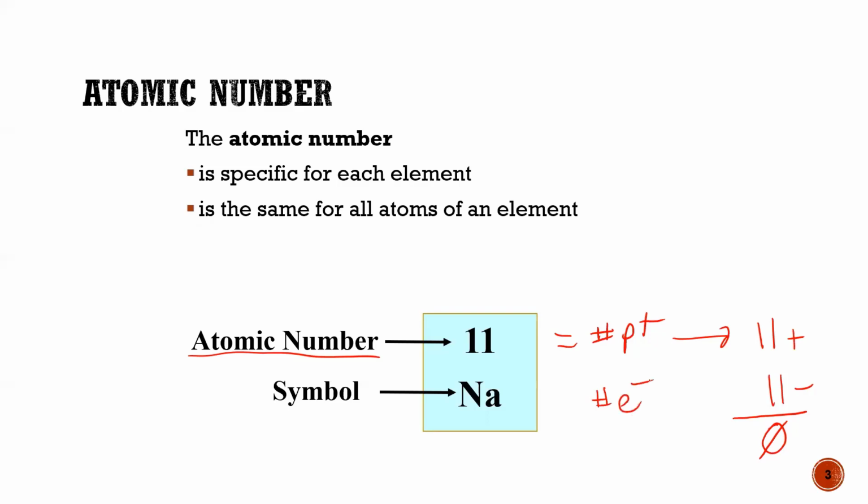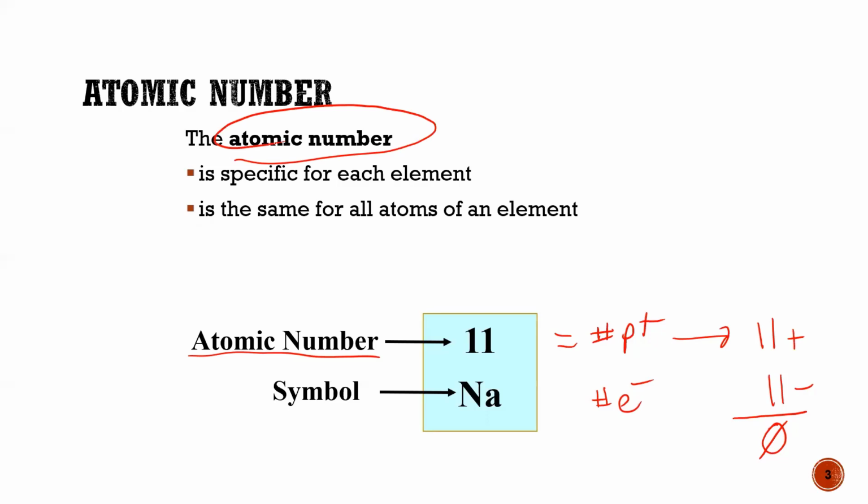Those opposite charges cancel each other out. So if I have 11 protons, I have 11 electrons. If I have 10 protons, I'm going to have 10 electrons in a neutral element.